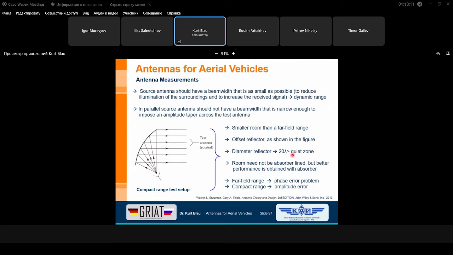Let's say the magnitude error given by you is, for instance, minus 30 dB, then the zone which realizes the magnitude error of minus 30 dB is named the quiet zone. If you use another level, let's say minus 20 dB of measurement error is sufficient for you, then in the same test setup or the same test scenario, your quiet zone is larger.